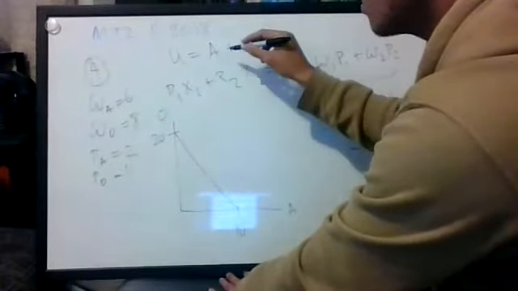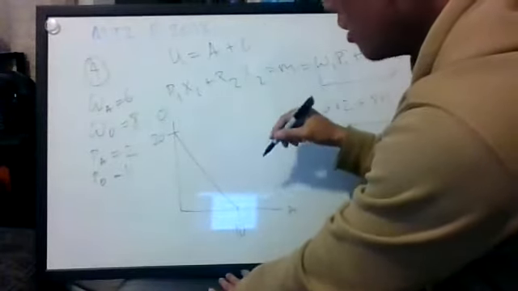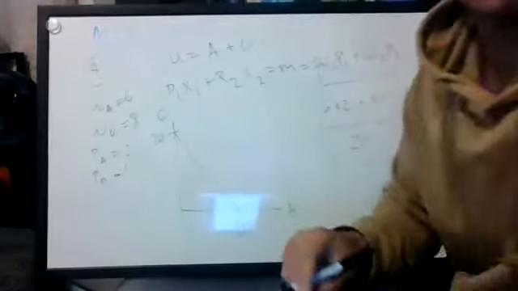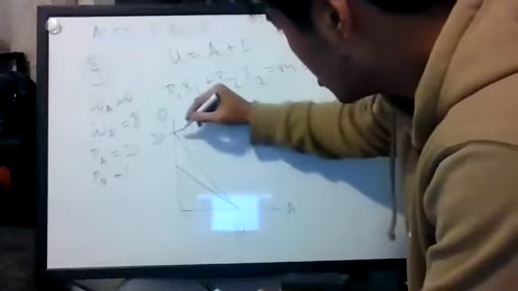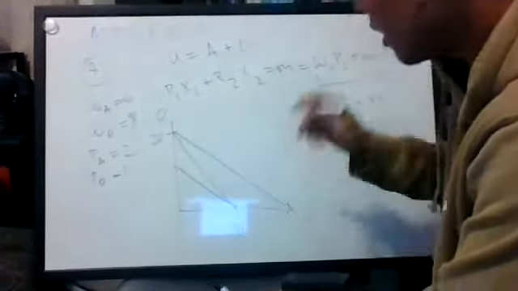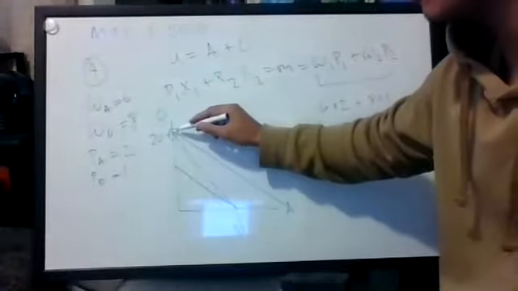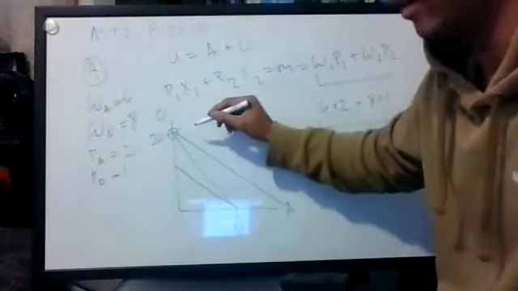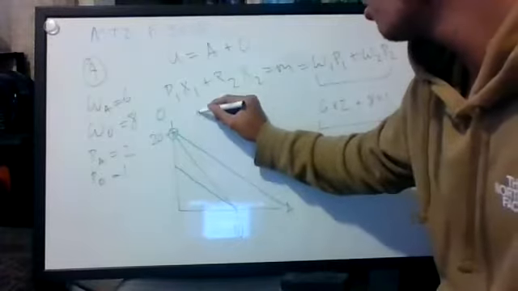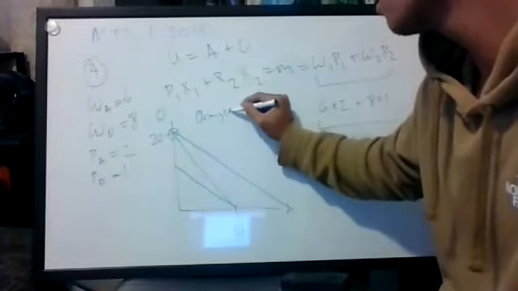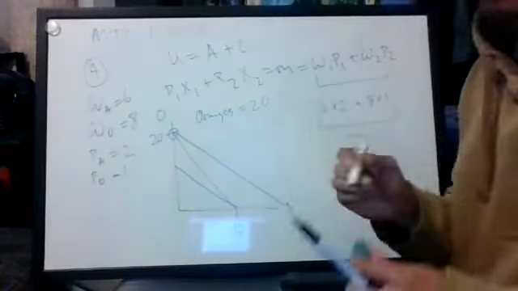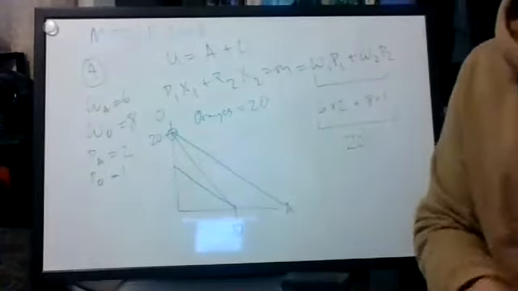And we know that the slope of our MRS is just going to be 1, meaning that it'll look something like this. And so that tells us that we're going to prefer to consume oranges and only oranges, which means that oranges is equal to 20. Okay?